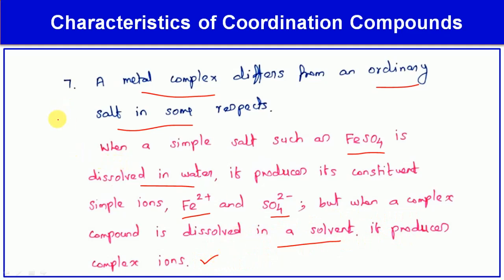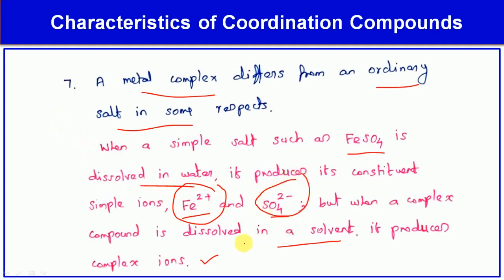A metal complex differs from an ordinary salt in some respects. When a simple salt such as ferrous sulfate is dissolved in water, it produces its constituent simple ions, Fe2+ and SO4 2-.